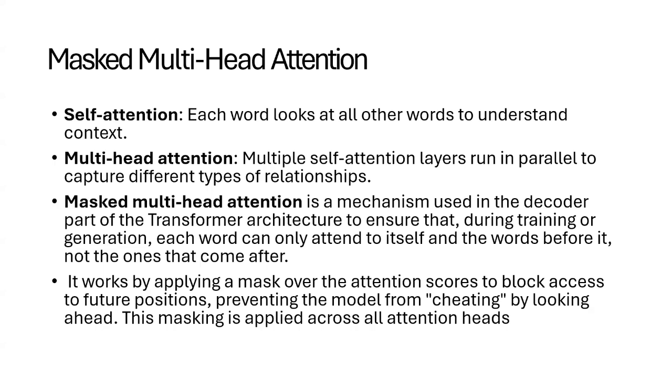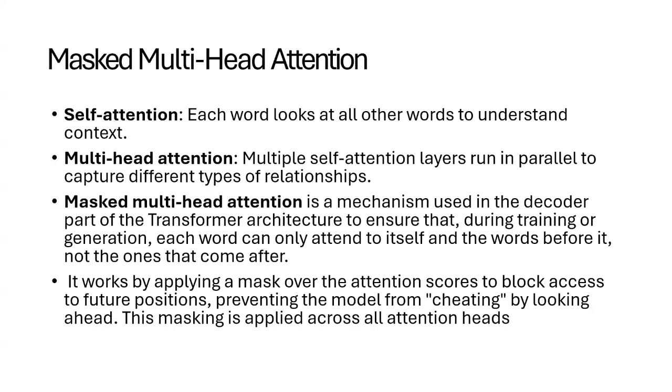This is a mechanism used in the decoder part of the transformer architecture to ensure that during training or generation, each token can only attend to itself and the tokens before it, not the ones that come after. It works by applying a mask over the attention scores to block access to future positions, preventing the model from cheating by looking ahead. This masking is applied across all attention heads.